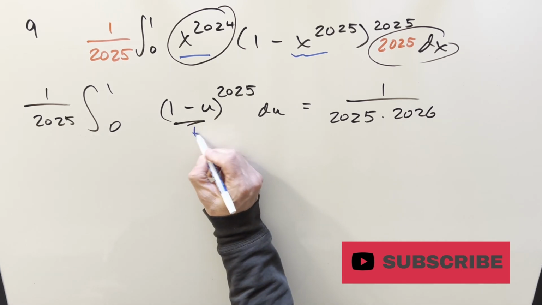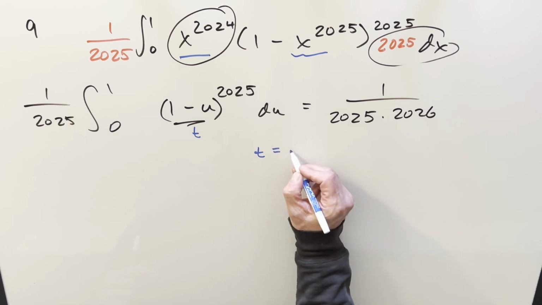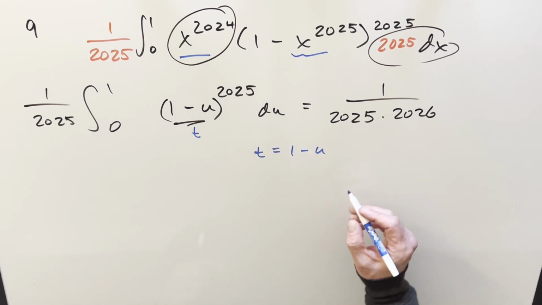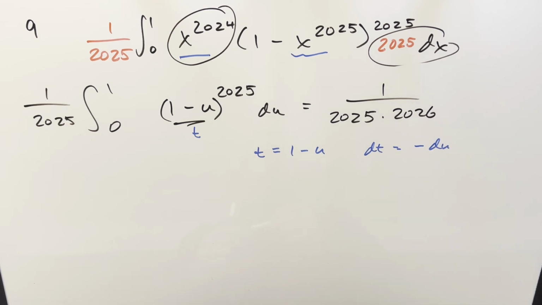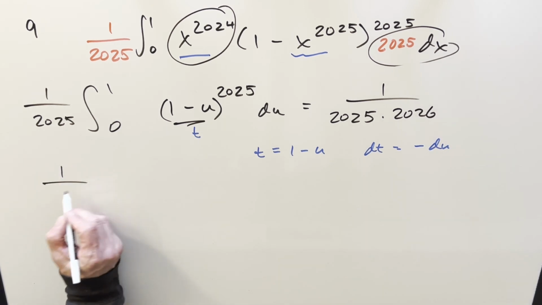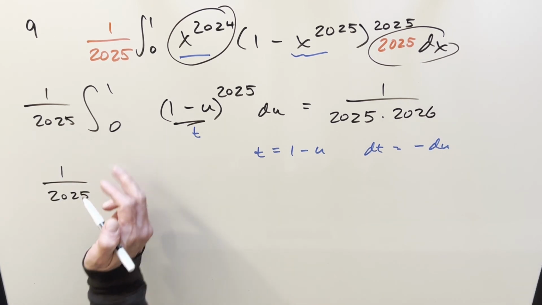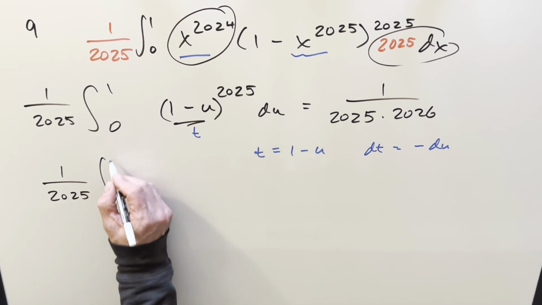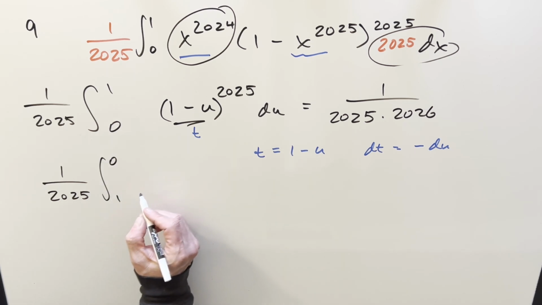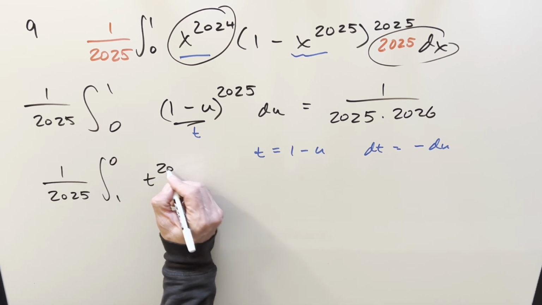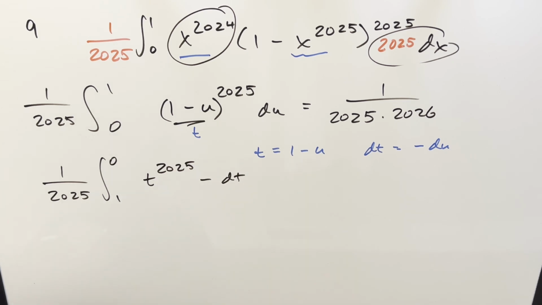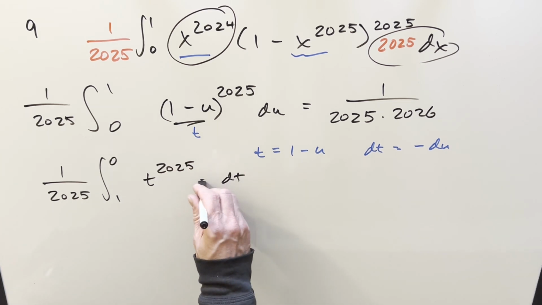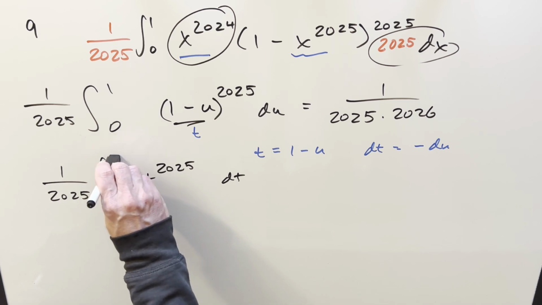So I'll substitute t for 1 minus u, so we'll set t equal to 1 minus u, then dt is going to be minus du. Do a substitution on it. You plug in 1, you get 0. You plug in 0, you get 1. Then we're going to have here t to the 2025 times minus dt. But I can take the minus and flip our bounds around.